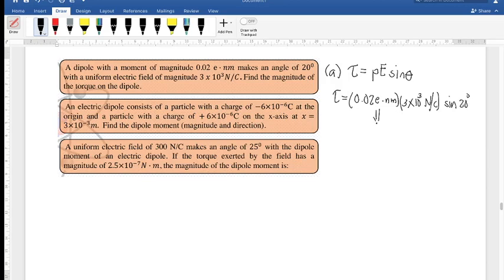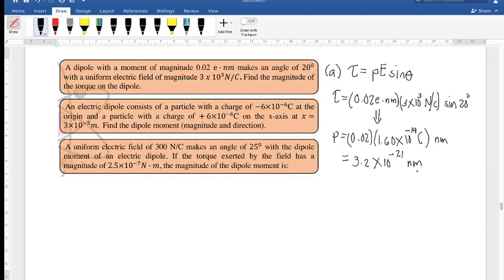Okay, so let's fill in P first. P is actually equal to 0.02, and we multiply that by e, which is equal to 1.60 times 10 to the negative 19 coulomb, then the nanometer. So 0.02 times 1.60 times 10 to the negative 19 gives 3.2, so I would just put here 3.2 times 10 to the negative 21 nanometer.